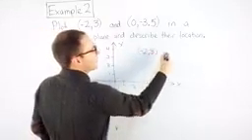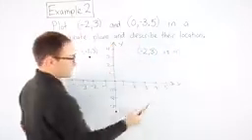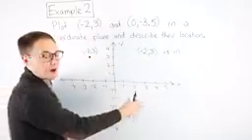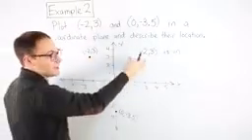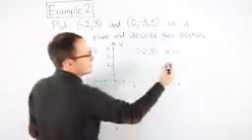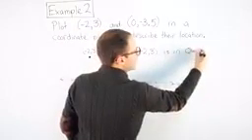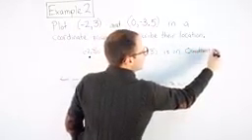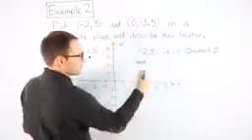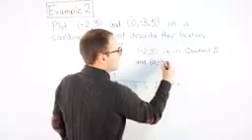So maybe I'll put that up here. (-2, 3) is in, if you remember, we have 4 quadrants of the coordinate plane. This is 1, this is 2, quadrant 2. So (-2, 3) is in quadrant 2, and (0, -3.5).